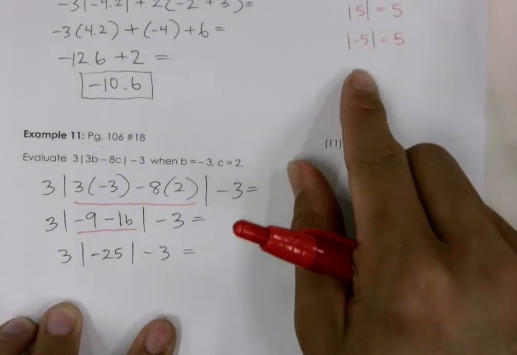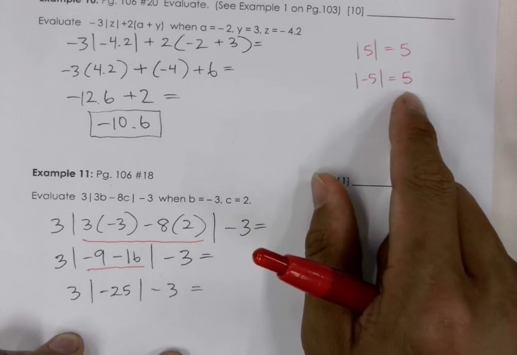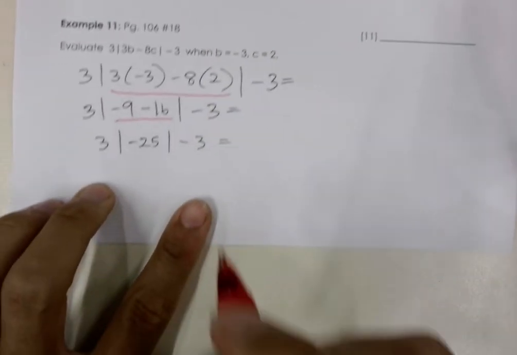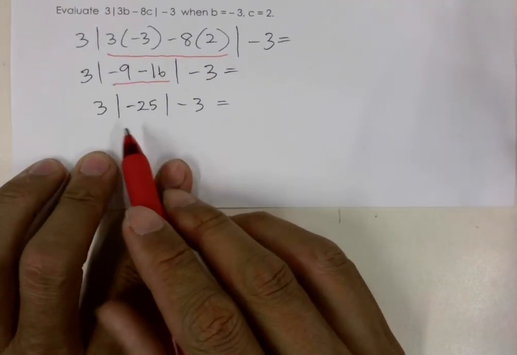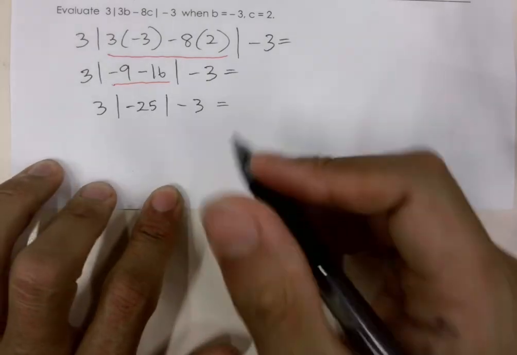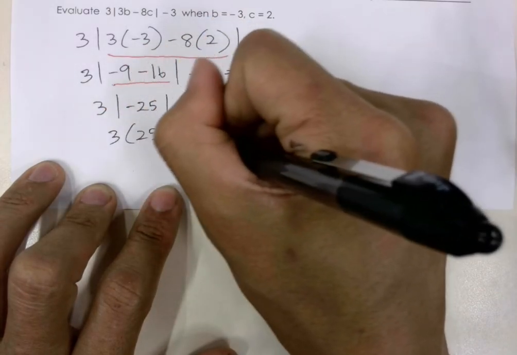Now, we went over the fact that the absolute value of a number is the positive version of that number. So, applying that rule here, the absolute value of negative 25 is positive 25. So we have 3 times positive 25 minus 3.